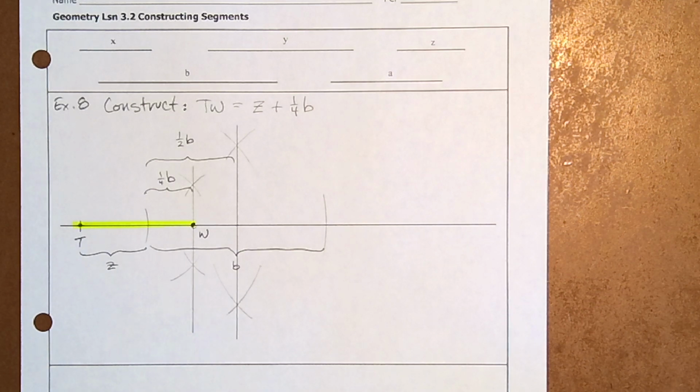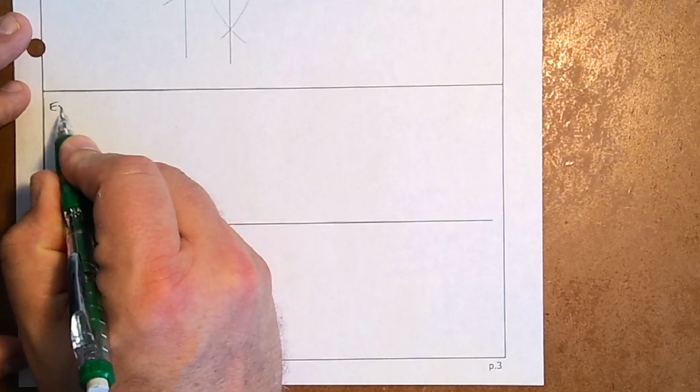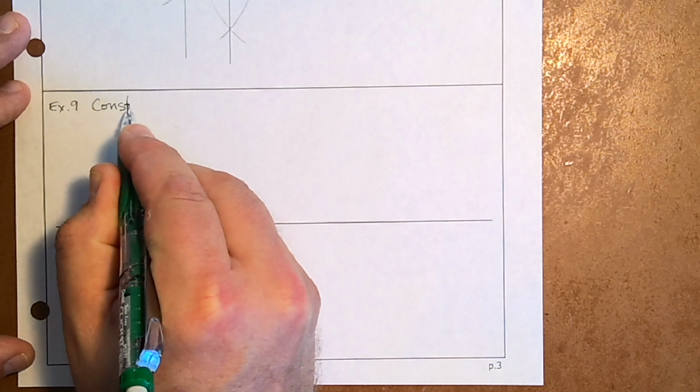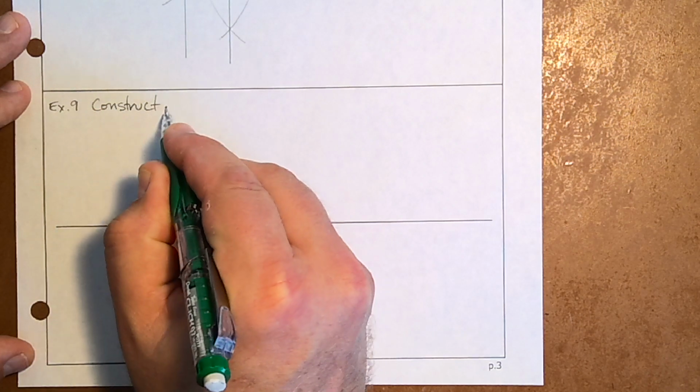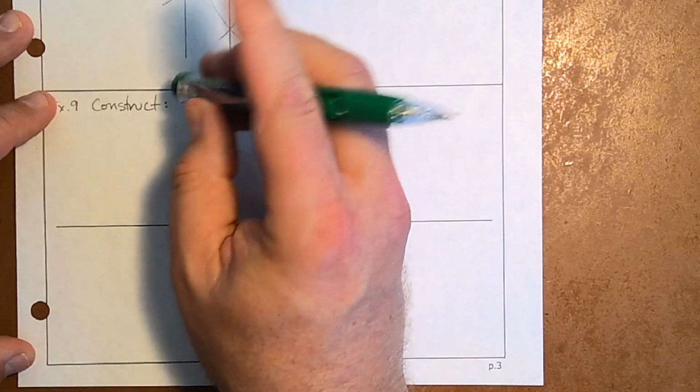All right. You have a challenge problem, and you have 10 minutes to get it done. All right. Here is your challenge problem. This will be example 9. For example 9, you are going to construct segment VR.